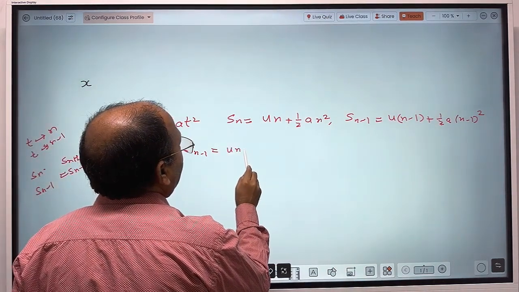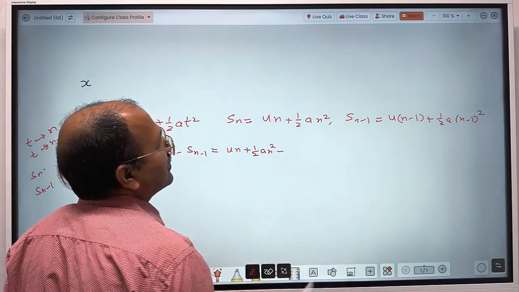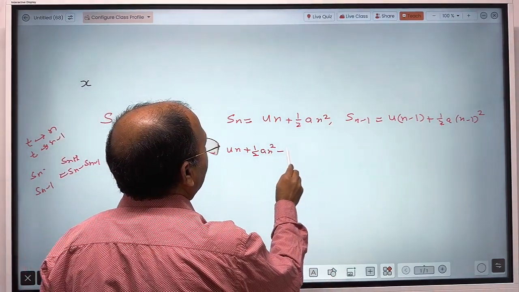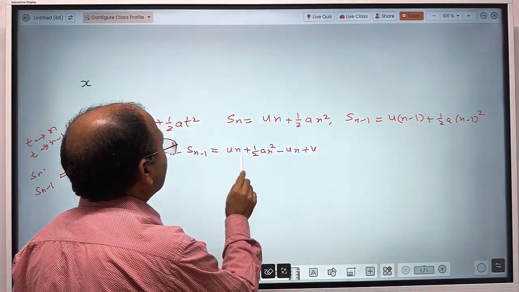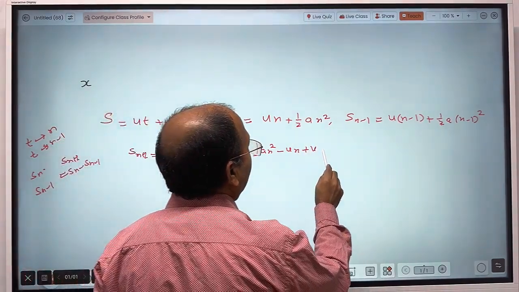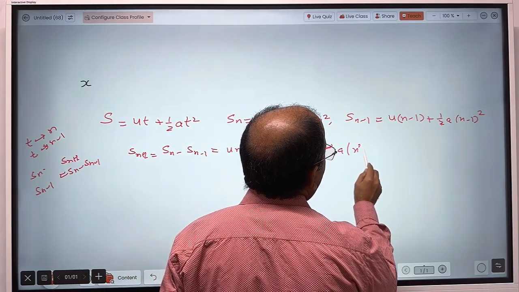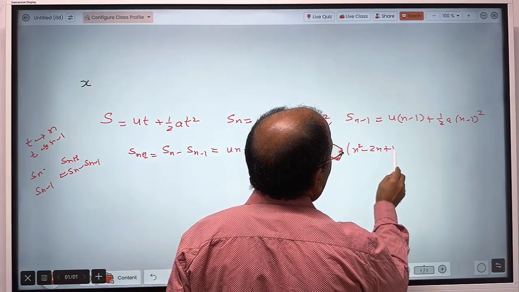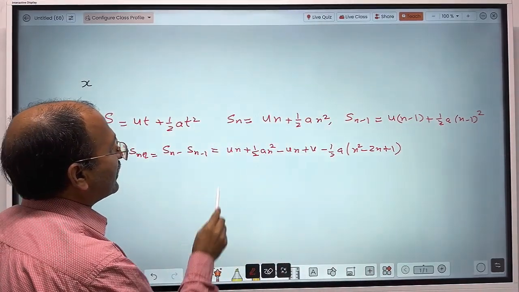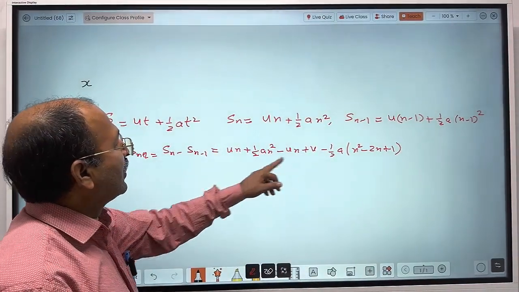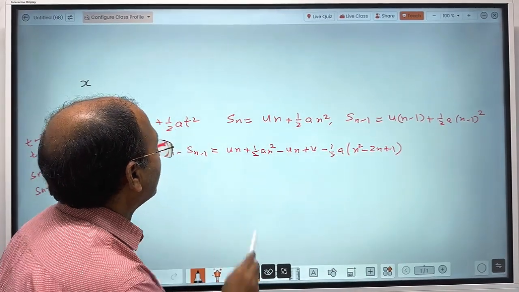you can write un plus half an square minus, if you open the bracket, you will get un minus u, and then since we are subtracting, so there will be negative sign here, 1 by 2a, then bracket n square minus 2n plus 1, and then we open the bracket and we cancel it. So if you observe, un will cancel out, and this term will also get cancelled.